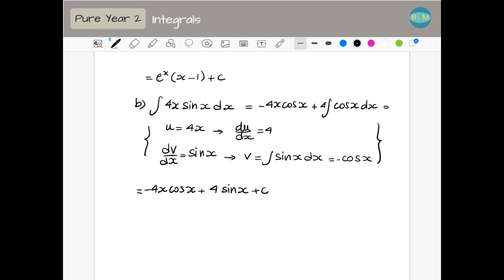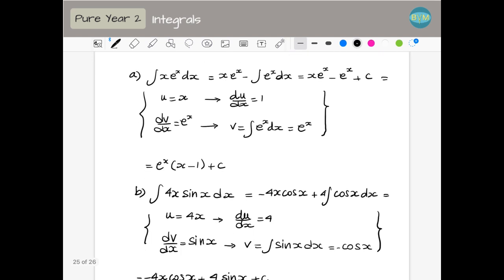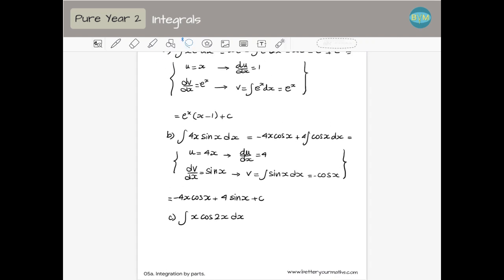And the last one, c is x cos 2x. So c is integral of x cos 2x dx.